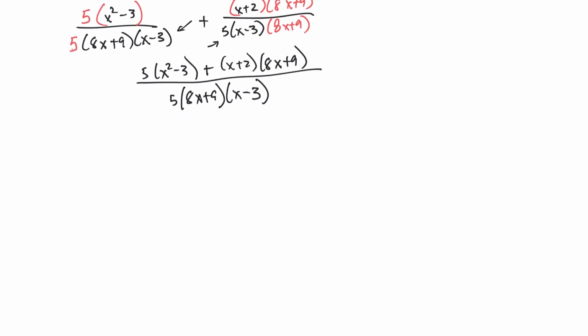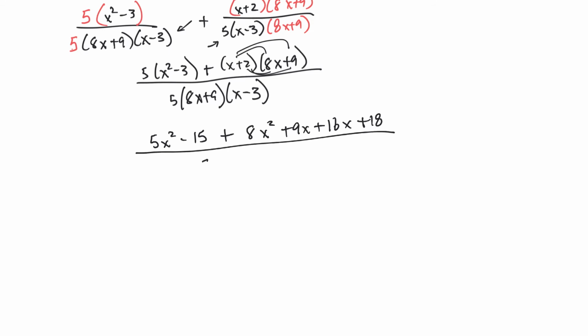So the top, the first one I can multiply the 5 through, so it'd be 5x squared minus 15 plus. This one I'll have to do the FOIL thing. So I'll have 8x squared plus 9x plus 16x plus 18, all over that common denominator, 8x plus 9 times x minus 3.